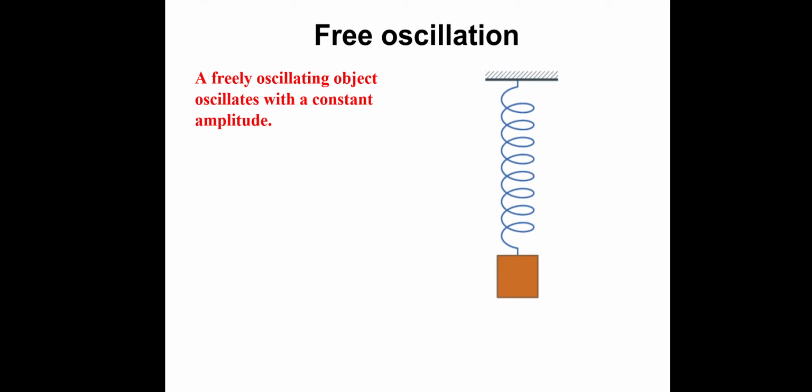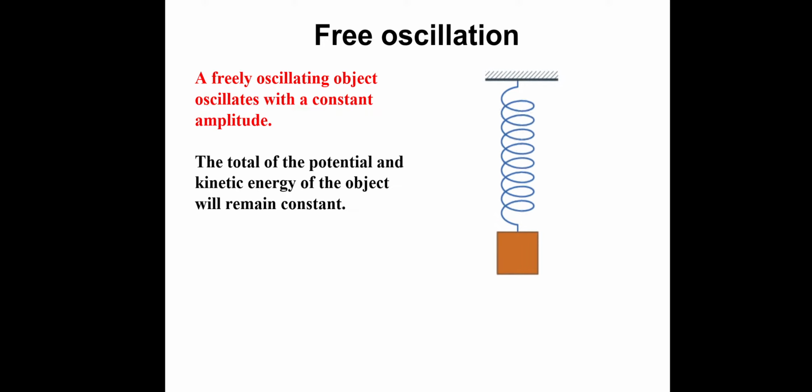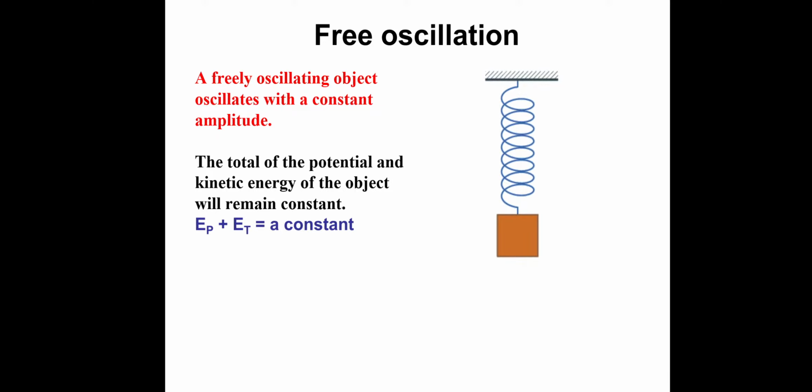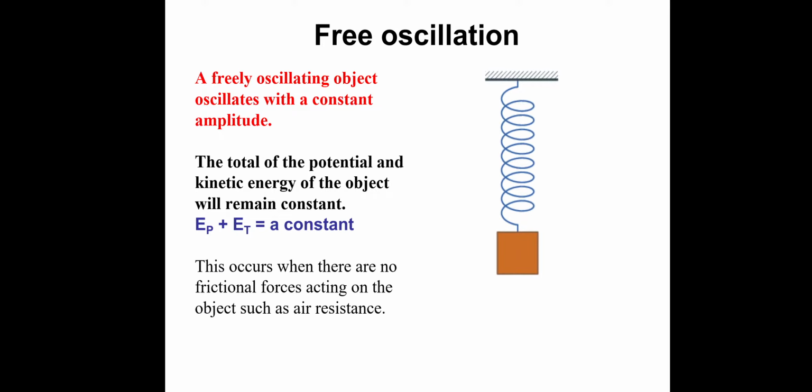So free oscillation. A freely oscillating object oscillates with a constant amplitude, and the total potential and kinetic energy of the object will remain constant. So at any point in time, the total energy of the system will be equal to the potential energy plus the kinetic energy, which I'll call EK.